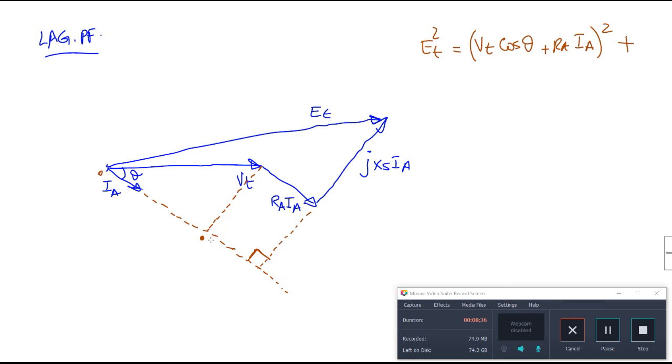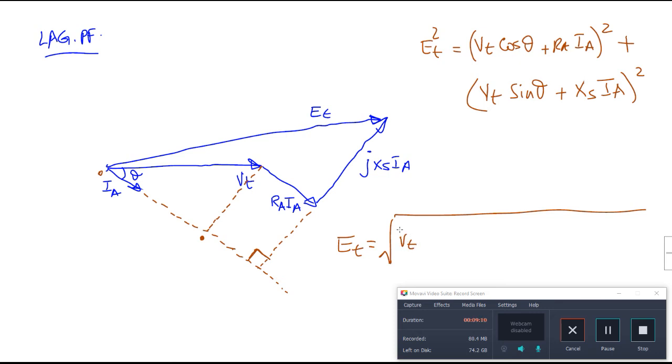The first one, this segment, equals that segment, which is VT sine theta, plus this part here, which is XSIA, squared. So the general equation: ET will be equal to the square root of VT cosine theta plus RAIA, squared, plus VT sine theta plus XSIA, squared.